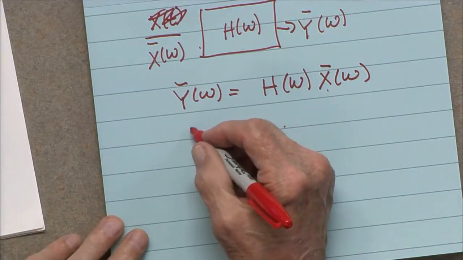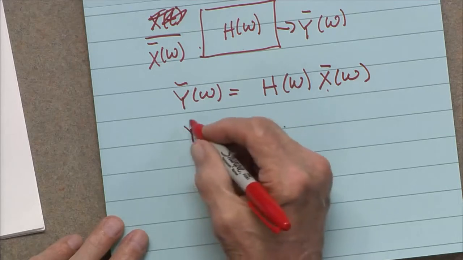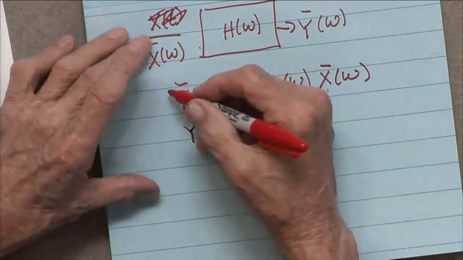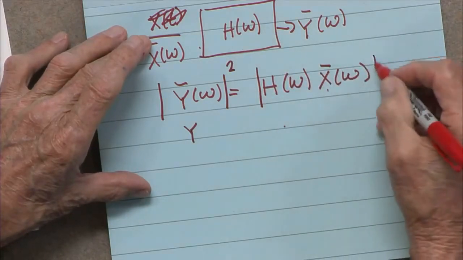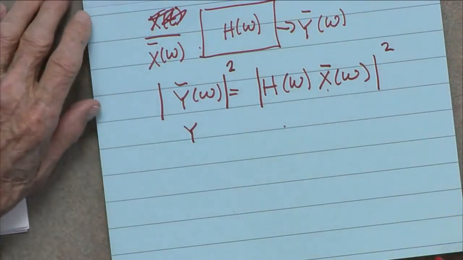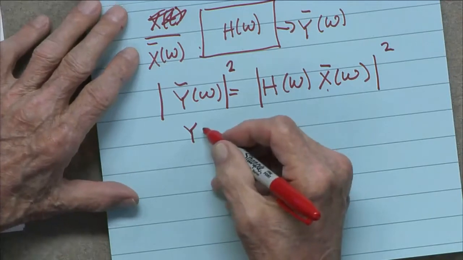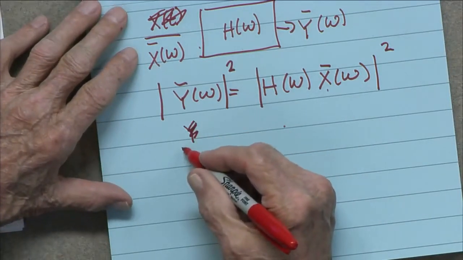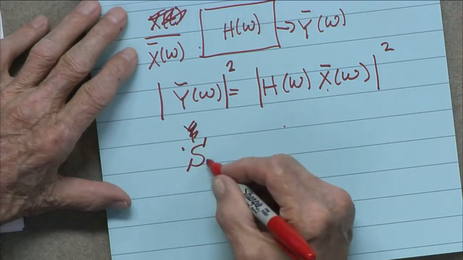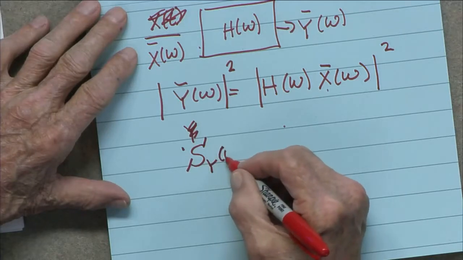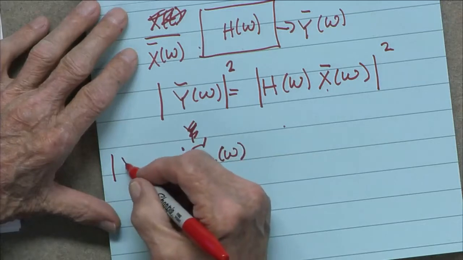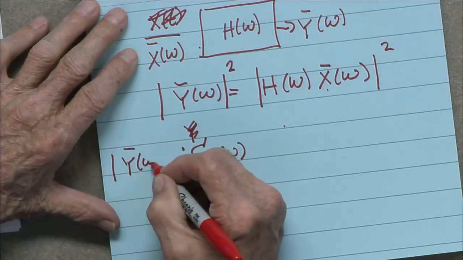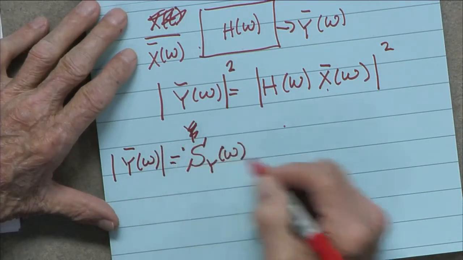If I take the absolute value of both sides, I get the power spectral density of Y. That's a transform of the time variable.